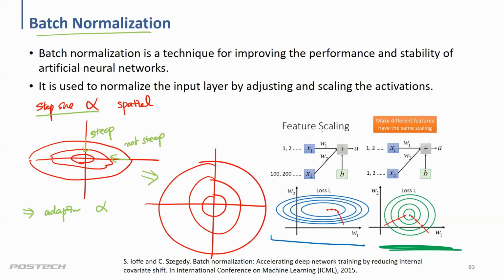This is because in batch normalization we do scaling on each neuron, each feature, or each unit. That's another big advantage of using batch normalization.